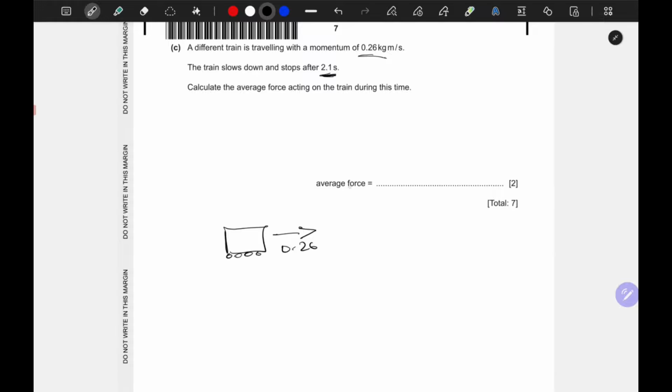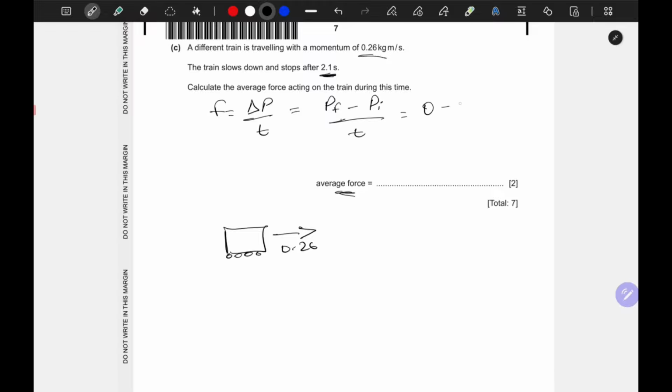So now we have to find the force. We know force is change in momentum over time. So what's going to be the change in momentum? Change in momentum is final momentum minus initial momentum, over time. Final momentum, we know that it has stopped, so velocity is 0, that means momentum is 0.